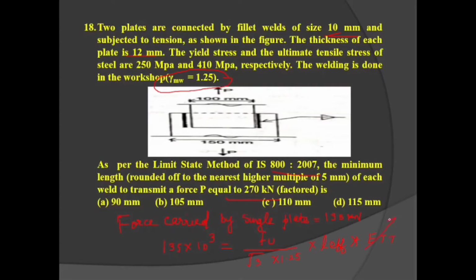This ETT is simple, that is 0.7 times S, where S is given as 10 mm, the size of the weld. Fu is given as 410 megapascal. After calculation, we find the value of L effective is equal to 110 mm.